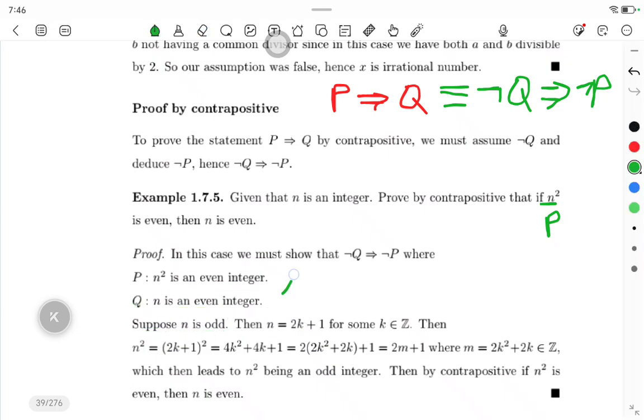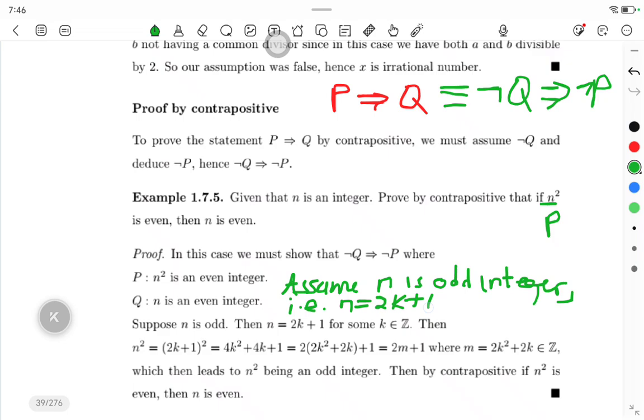You are supposed to assume n is an odd integer. After assuming that, what do we mean when we say n is odd? It means that n is equal to 2k plus 1 for some k element of an integer.